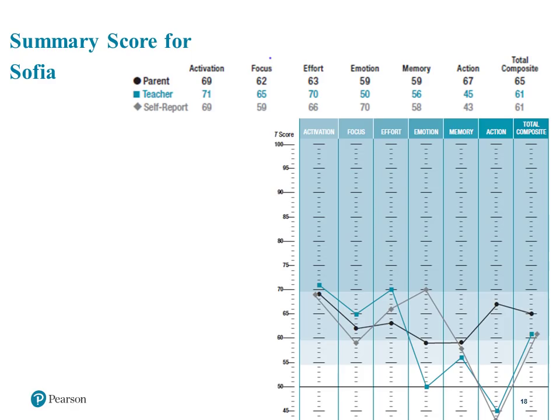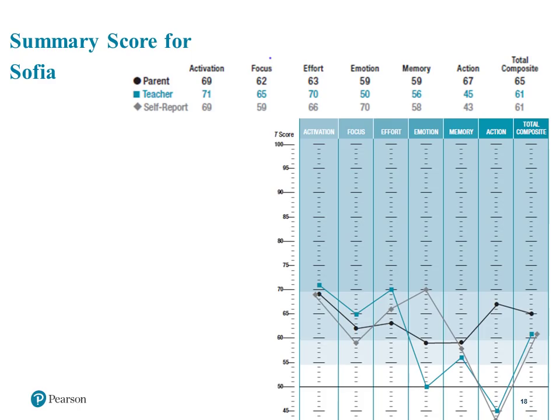The round black lines with the circles on them are the parent report. The blue one is the teacher report, and the diamond one is the summary of the reports yielded by Sophia herself.